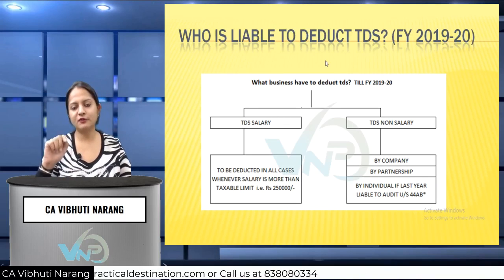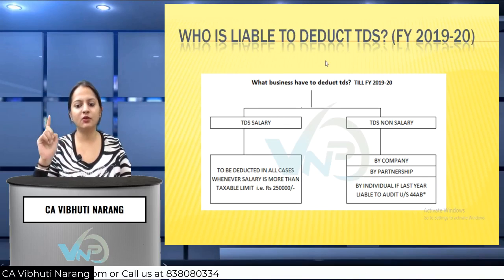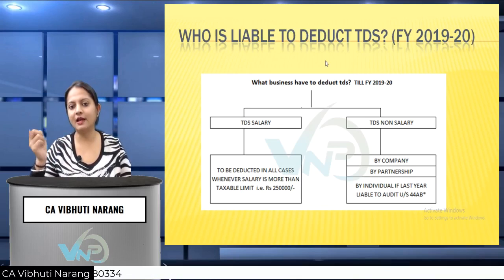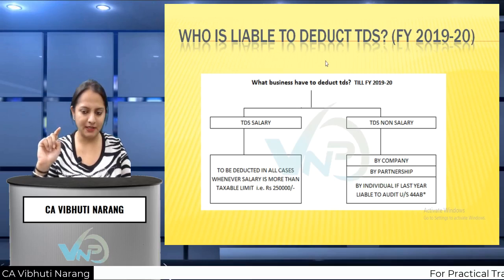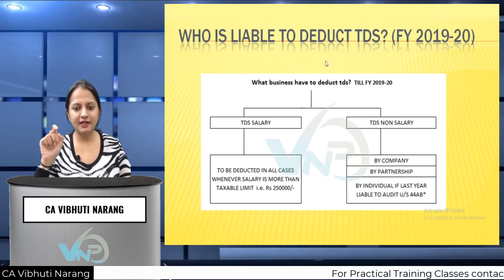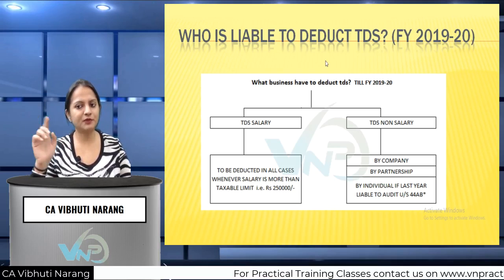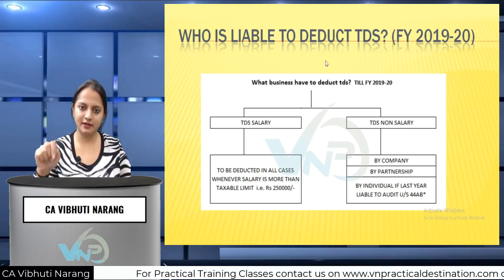And in the case of professionals, if the gross receipts were more than rupees 50 lakh, then also the tax audit was applicable. So if these criteria were met earlier, then we were liable to deduct TDS.